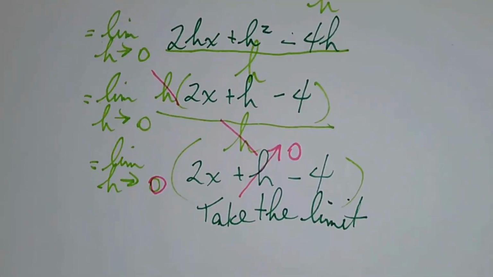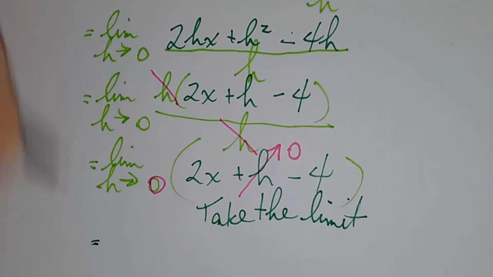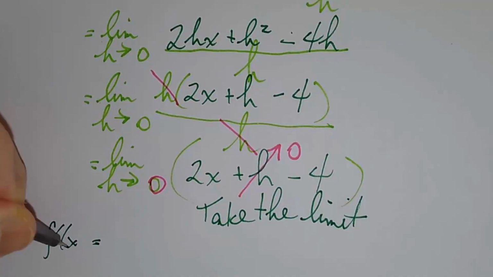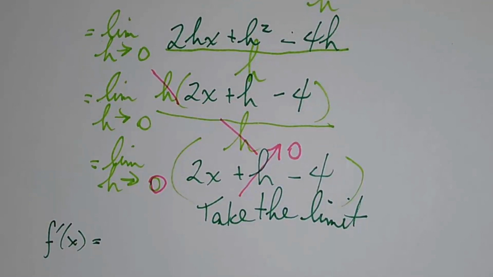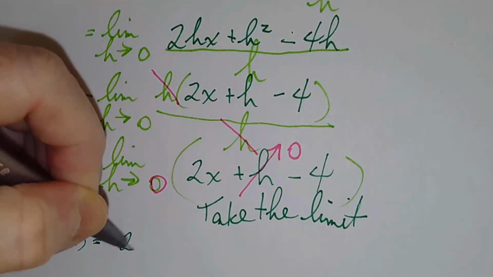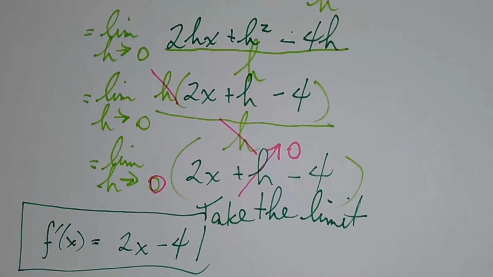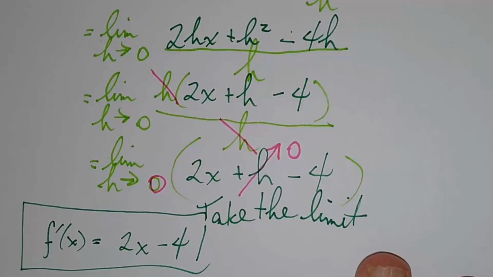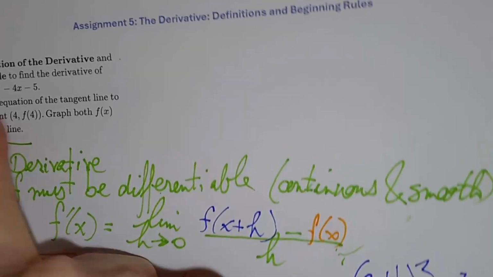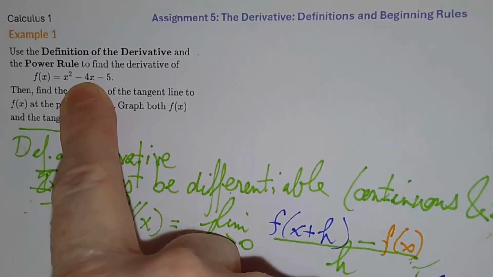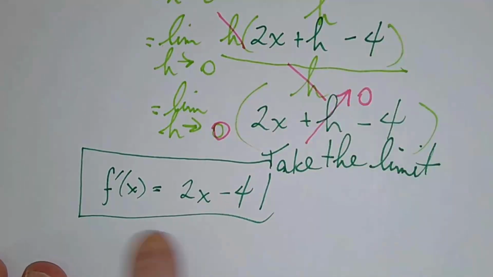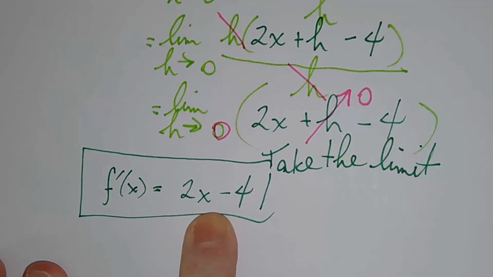So we're going to take the limit, and we get, still on the left side, f prime of x, and we're left with 2x minus 4. So now we have a formula for our original function f of x, and we have a formula for f prime of x.